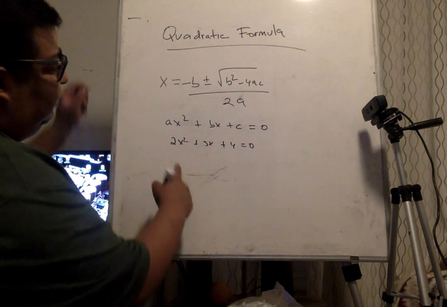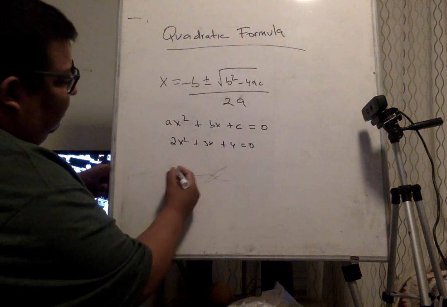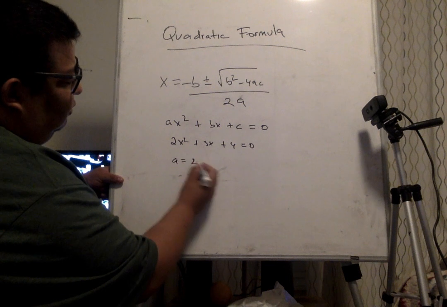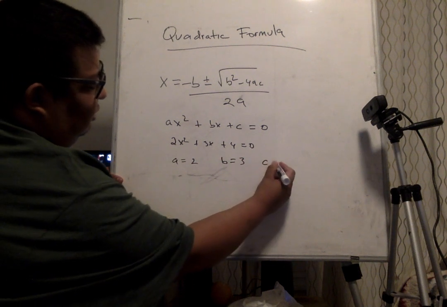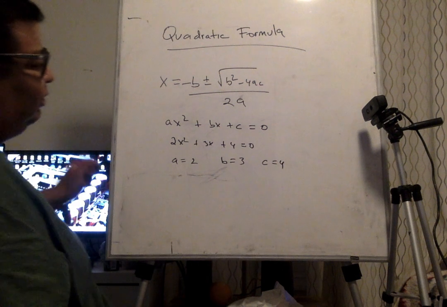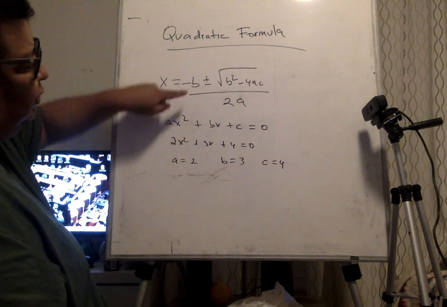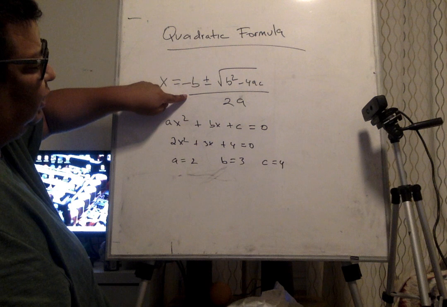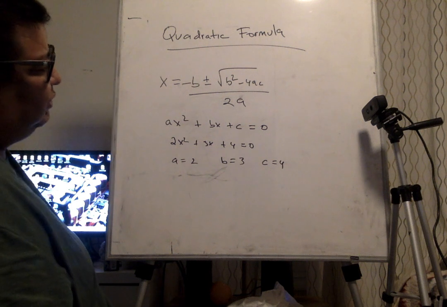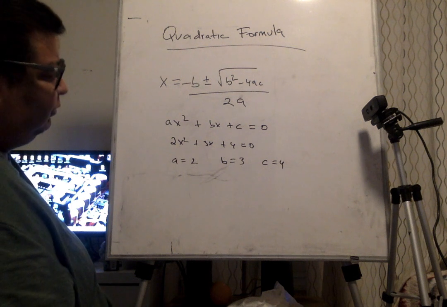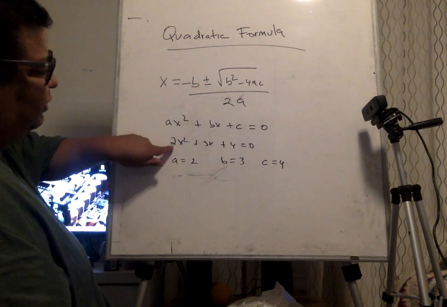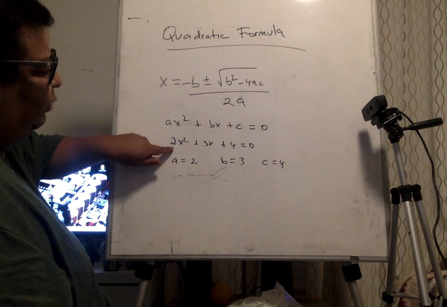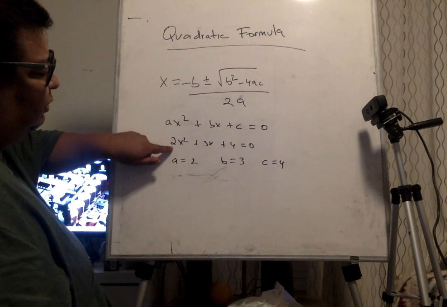Here in the formula, a is going to be 2, b is going to be 3, c is going to be 4, and then all you have to do is plug it into the formula and you get an answer. That's all you have to do. So it's a method that is very good when you have coefficients that are not easy to work with, specifically when your a is not 1.